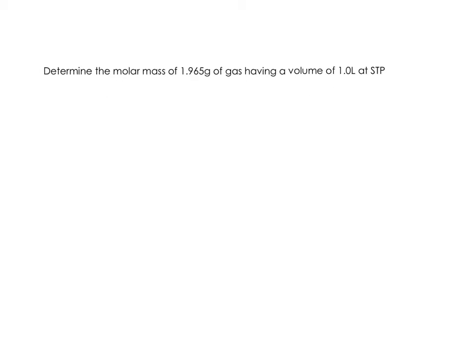All right, determine the molar mass of 1.965 grams of gas having a volume of 1 liter at STP. So STP means 273 Kelvin, because it's 0 degrees Celsius, and the pressure is 101.325 kPa.